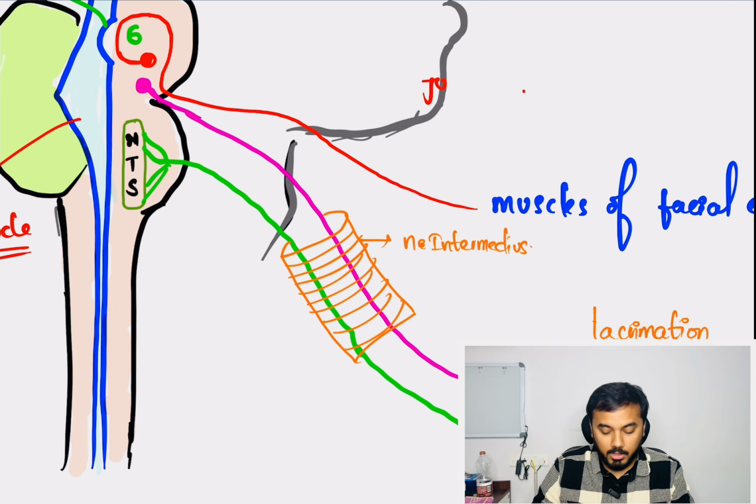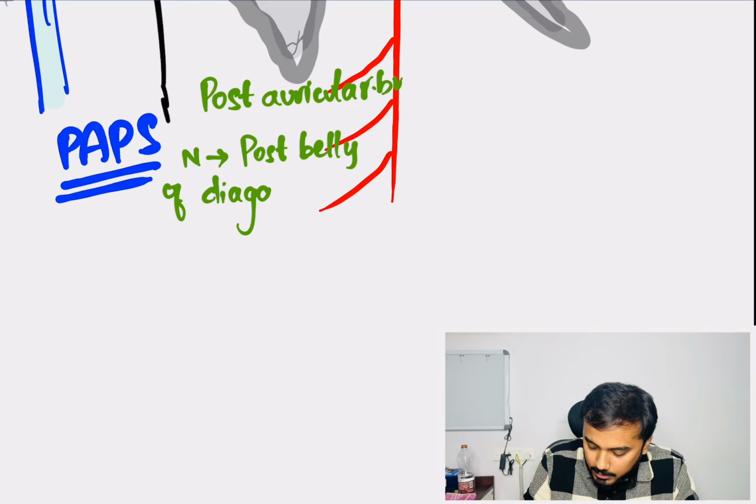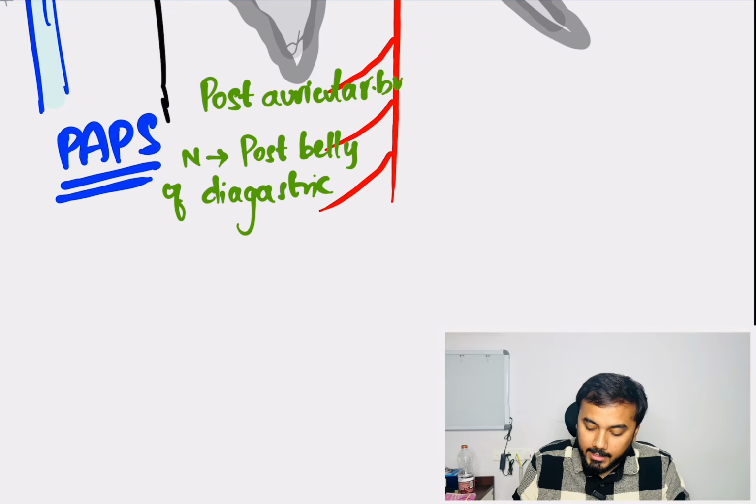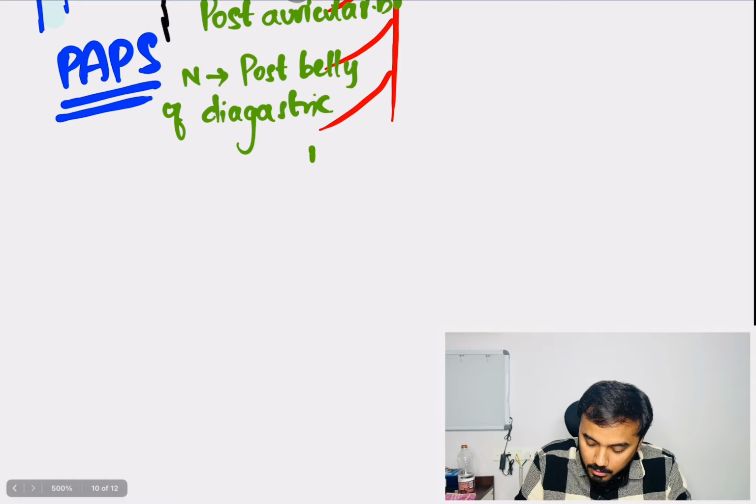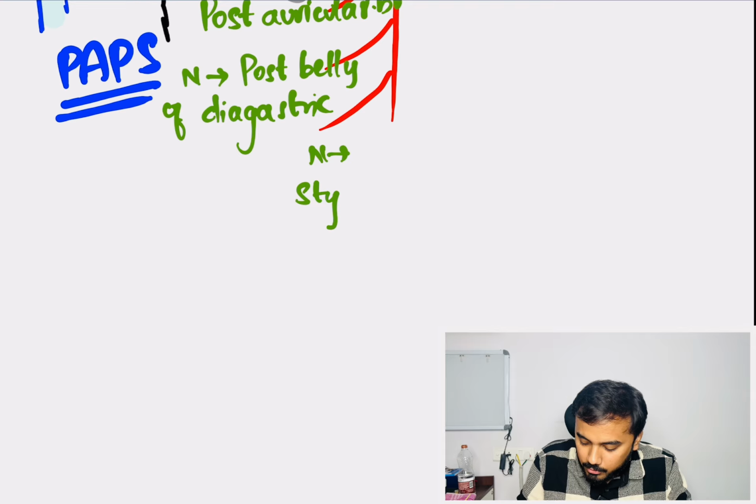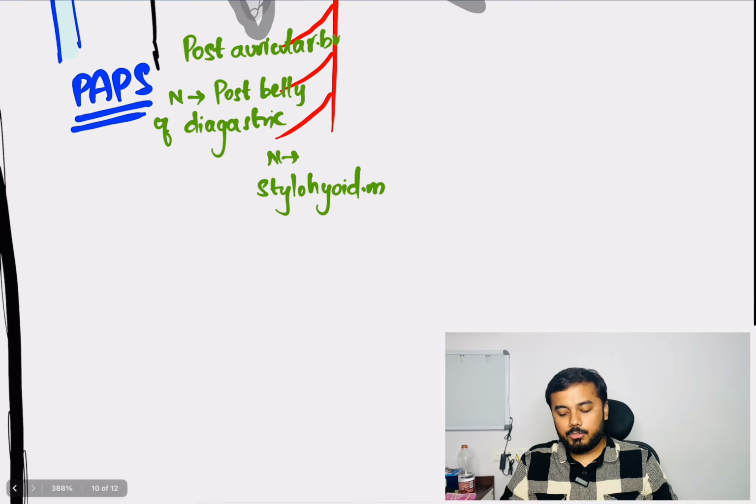The first branch is your posterior auricular branch, and the second branch over here is the nerve to posterior belly of digastric muscle. Okay, and the third one is your nerve to stylohyoid muscle.